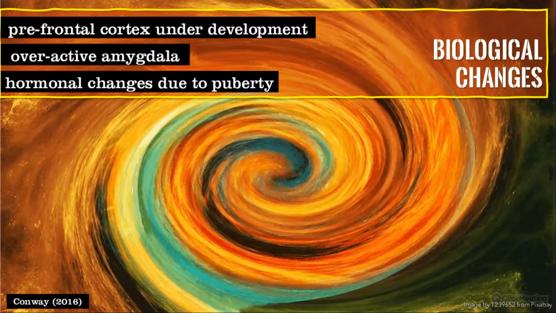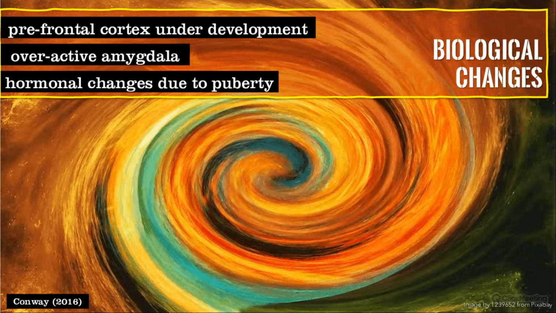This also involves an overactive amygdala, which is a tiny structure in the brain that is responsible for impulse control, emotions, and all of this. And their prefrontal cortex is not fully developed. And the prefrontal cortex is responsible for planning and this kind of thing.